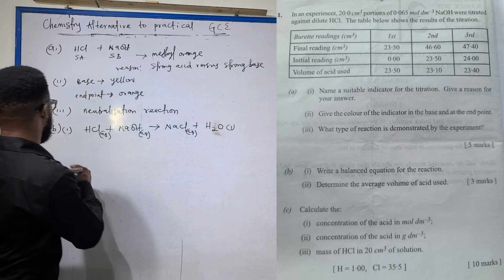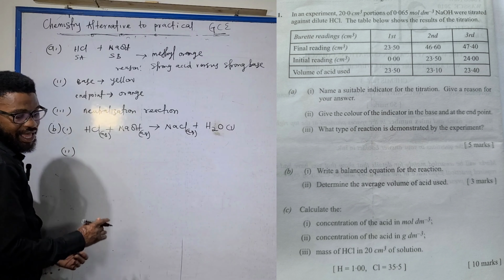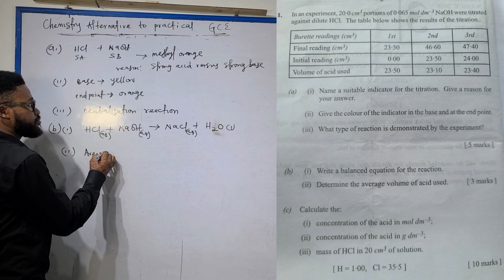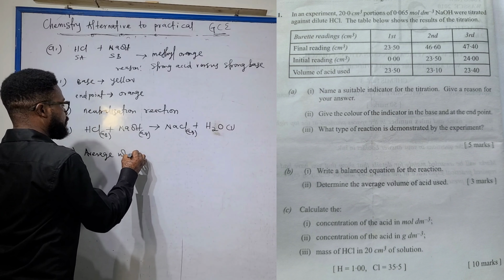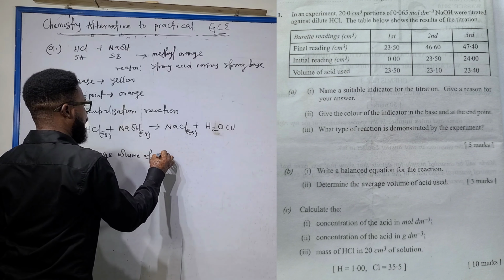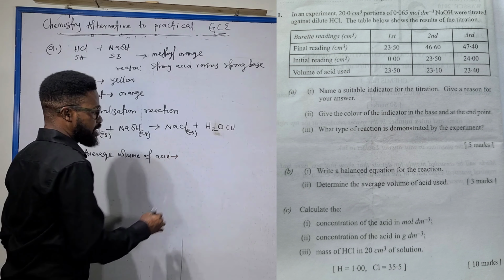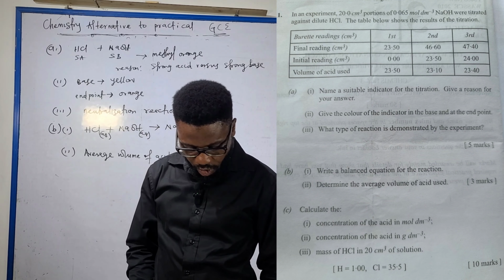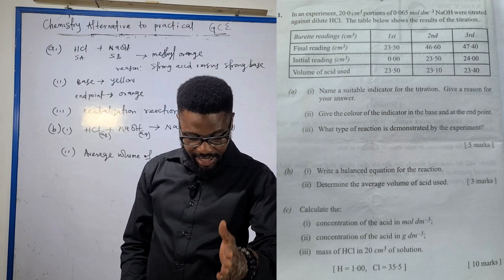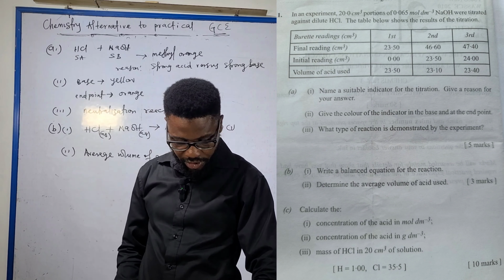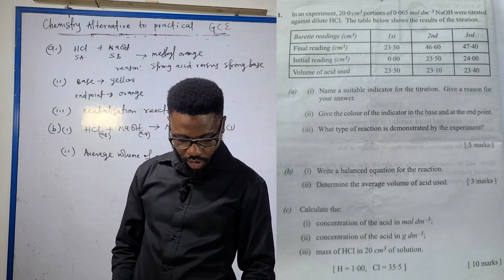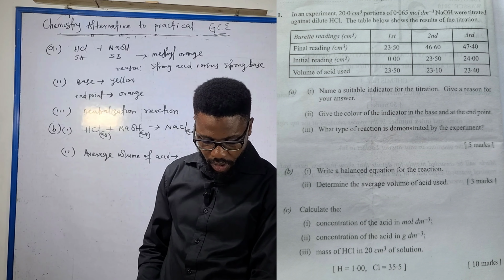Then that's B1. B2, we're told to look for the average volume of acid. Looking at the table, our aim is to get the consistent titer. If you look at the first titration, 23.50, second titration, 23.10, a bit farther away, the third titration at 23.40.